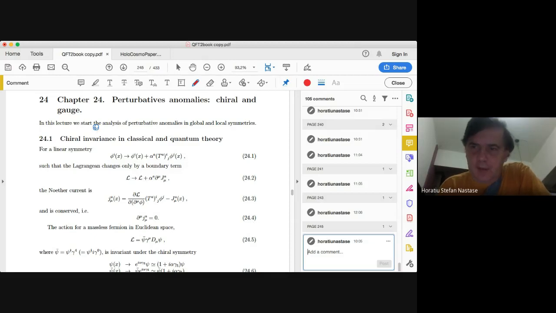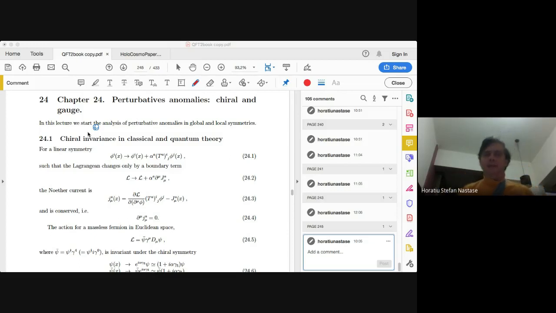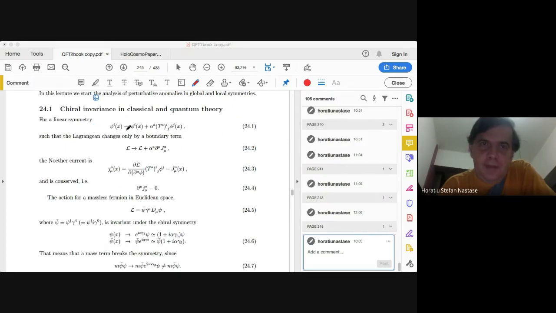All right, so first, let me tell you what chiral invariance is. So we know that in general, for a symmetry of this type, where phi goes to phi plus a parameter times the generator of this symmetry times the field, then the Lagrangian can either be invariant or, in general, be the parameter times the total derivative of a current.